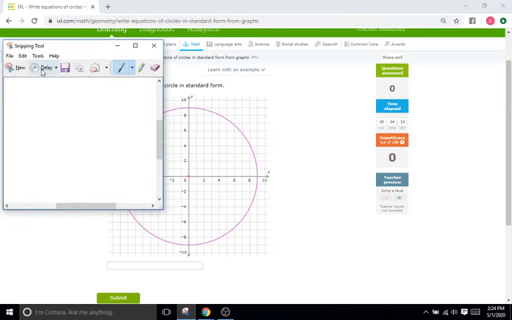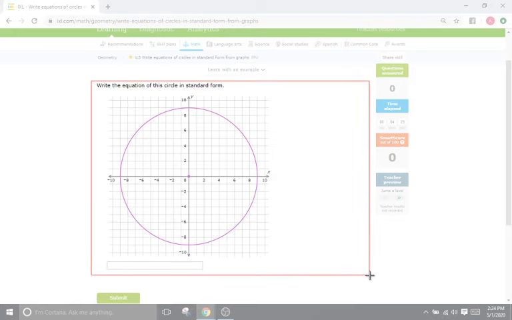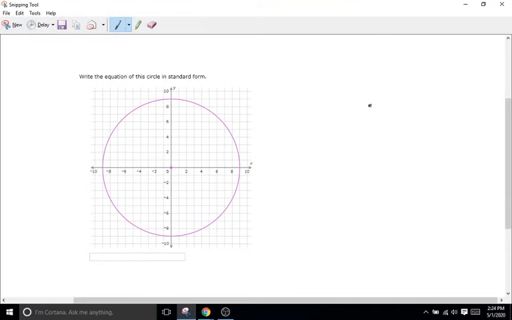Okay, so the first thing you have to remember about writing the equation of the circle is the equation itself. Remember, we have to know that the equation of a circle is (x minus h) squared plus (y minus k) squared equals r squared.